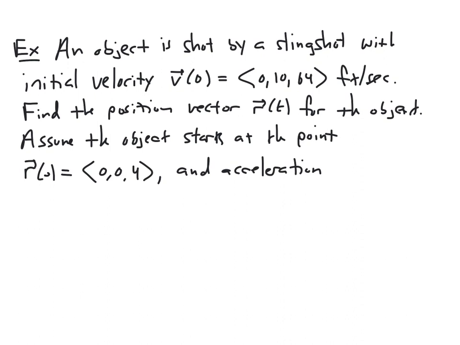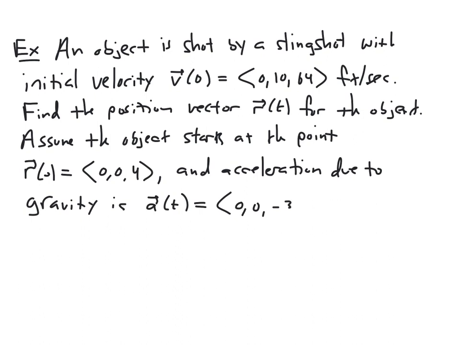And that the acceleration due to gravity is a of t equals 0, 0, negative 32 feet per second squared.